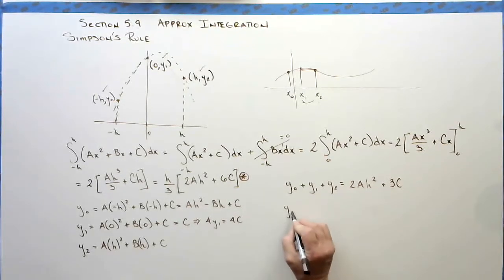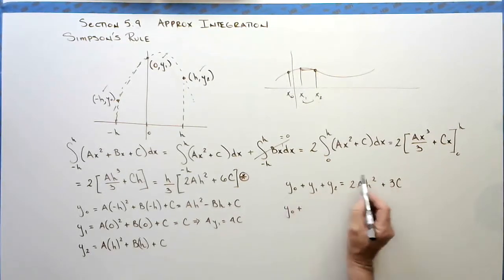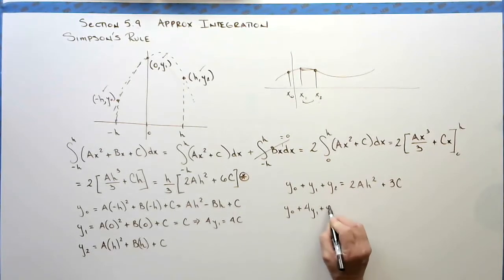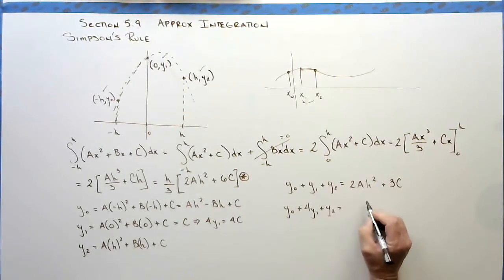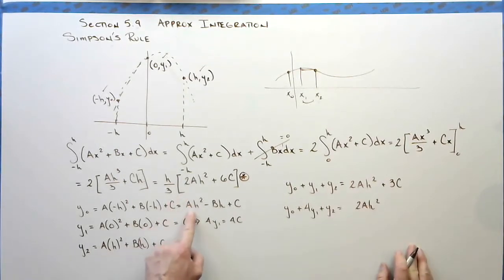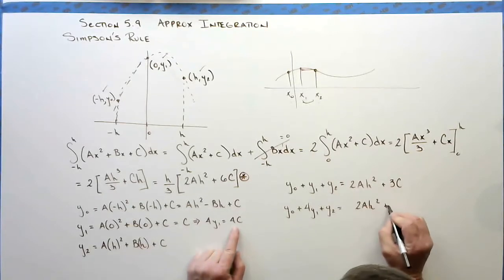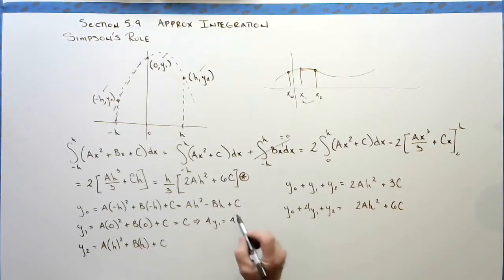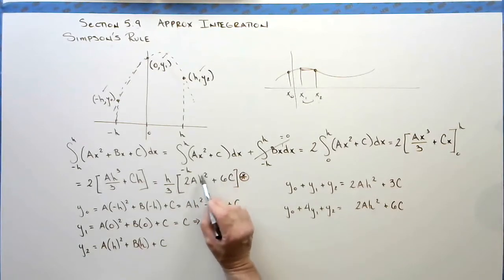And then I would be able to write this, instead of writing this, I would be able to put in 4 y sub 1s, and I would get 2ah squared, right? That's that ah squared plus that ah squared, 2 of those. We still have negative bh here plus bh here, that's 0. But now we have 4 c's, we get plus 6c. Well, that's this right here.